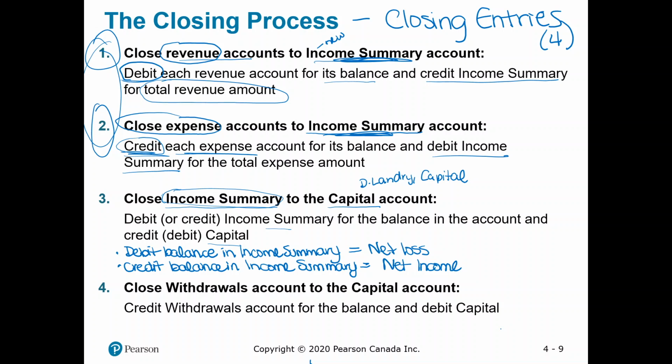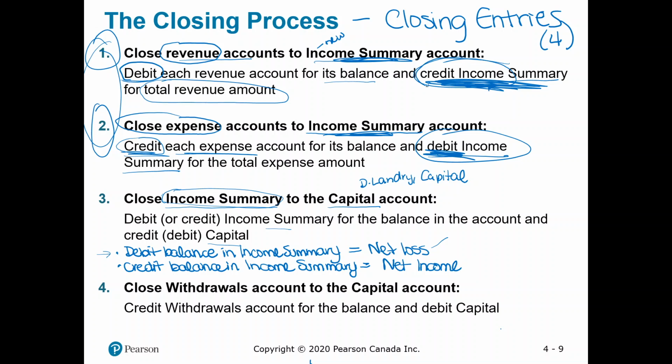So you can see here, with our revenues, we needed to credit the income summary. With closing our expenses, we debited the income summary. So if you end up with a debit balance, that means that this entry, your expenses, were more than the credits from your revenues. If your expenses are more than revenue, you have a net loss.